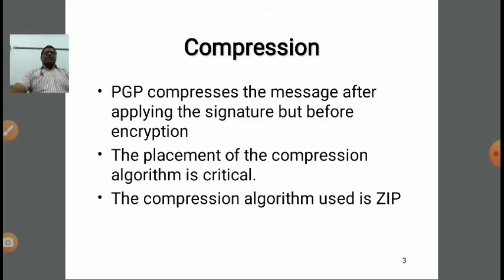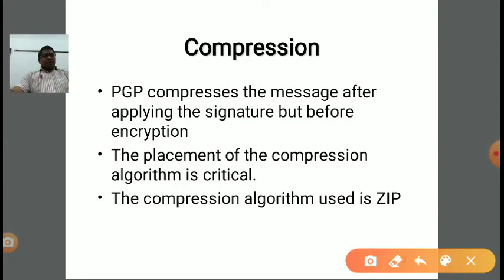Now we are going into technical detail with respect to PGP. In PGP, the compression step plays a very important role. Why? PGP compresses the message after applying the signature but before the encryption, right? I'm just taking a marker. This is the compression step, and this is encryption and this is digital signature.